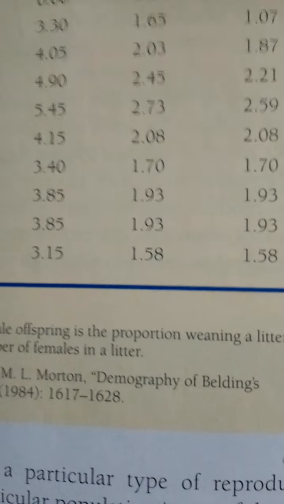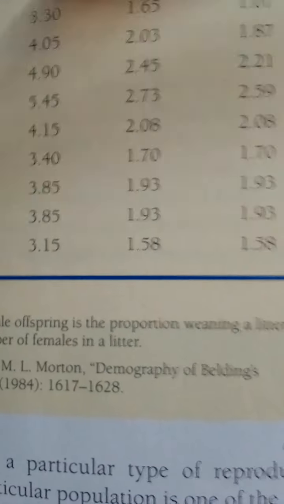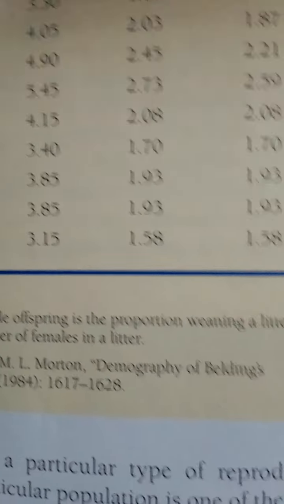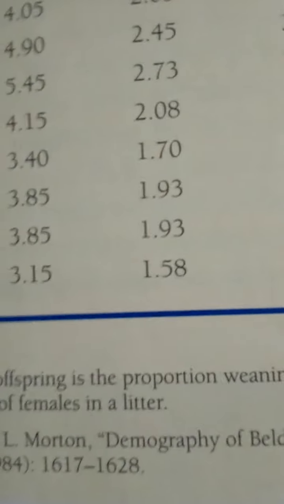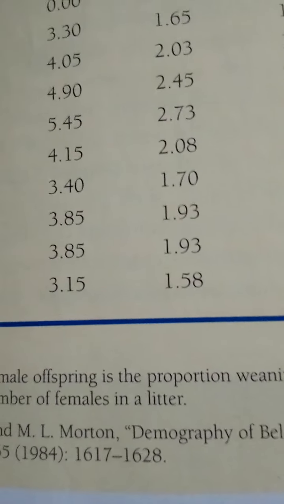Reproductive output of sexual species such as birds and mammals is the product of the proportion of females of a given age that are breeding and the number of female offspring of those breeding females. Multiplying these numbers gives the average number of female offspring for each female in a given age class.